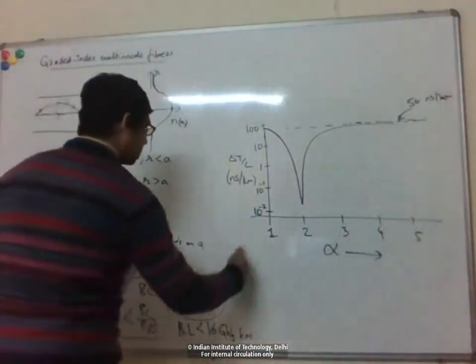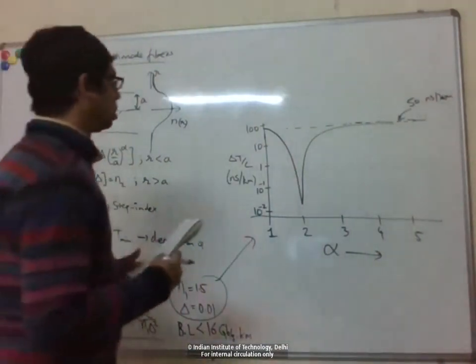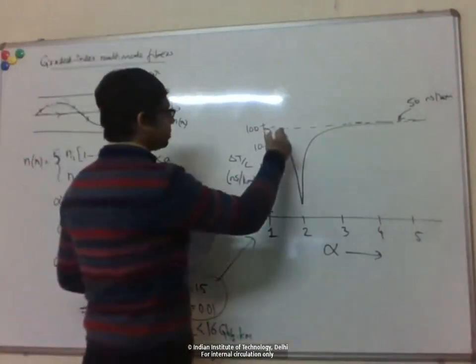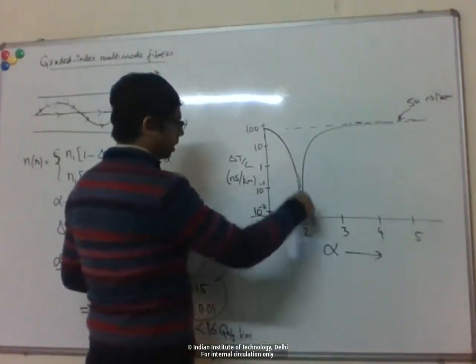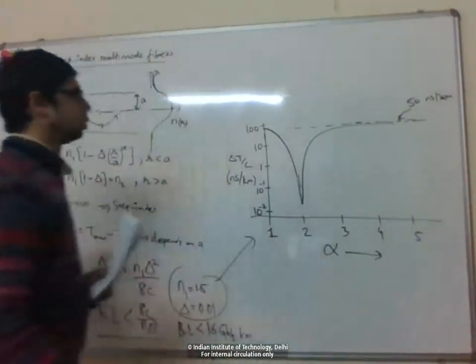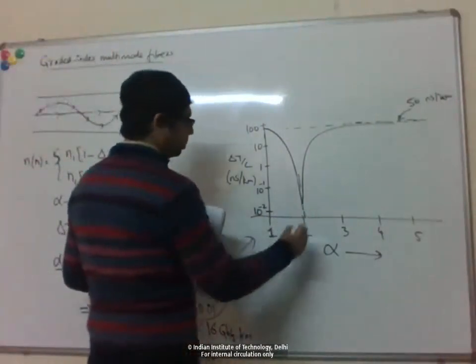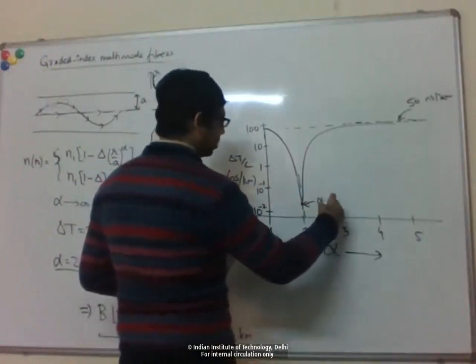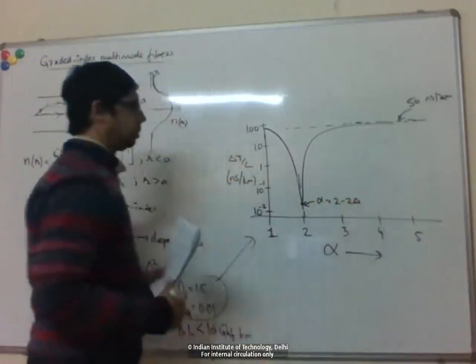This is for the same values here, you're just varying alpha. Basically you can see that the dispersion falls sharply right around alpha equal to 2. People who've done the fiber optics course would recall this minimum occurs at alpha equal to 2 minus 2 delta, the exact minimum.